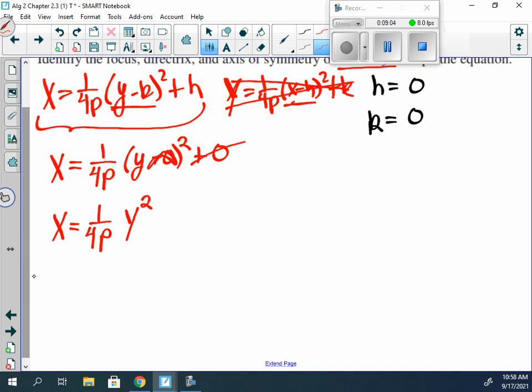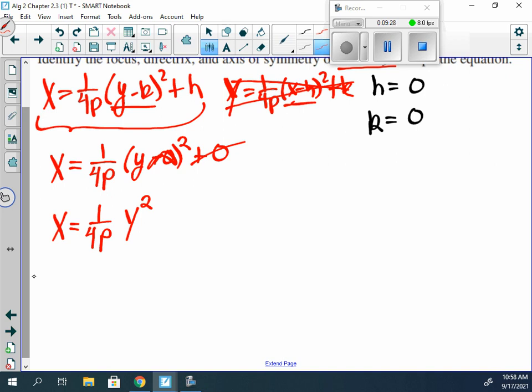Look back at that other page that you have. Look at the first page, that graph. Isn't that one of the two equations? X is equal to 1 over 4p times y squared? Yeah, that is the equation. It's just the fact that the vertex is 0, 0.